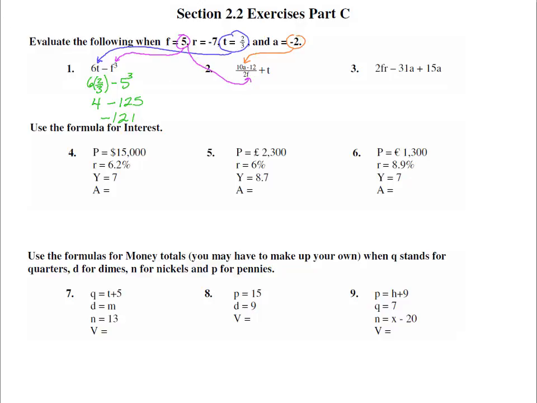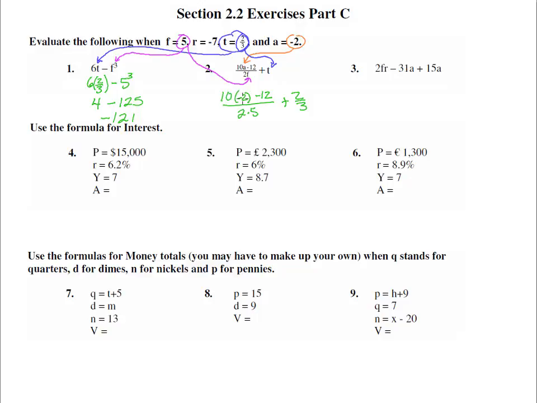And then the t we'll stick in over off to the side right here. All right, let's see what we get with that. 10 times a negative 2 minus 12 over 2 times f, which is 5, plus t, which is 2/3.